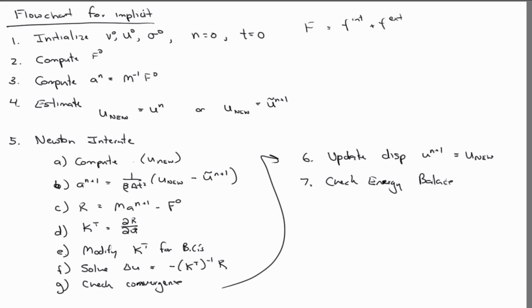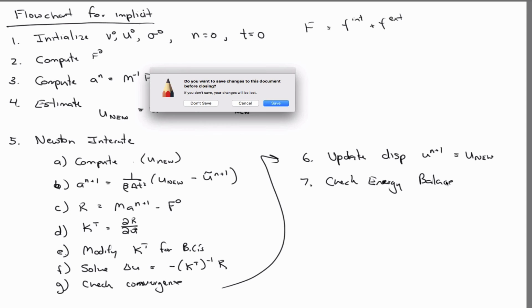So that's the implicit method, or Newmark Beta method, for elasticity problems or elastoplastic problems.